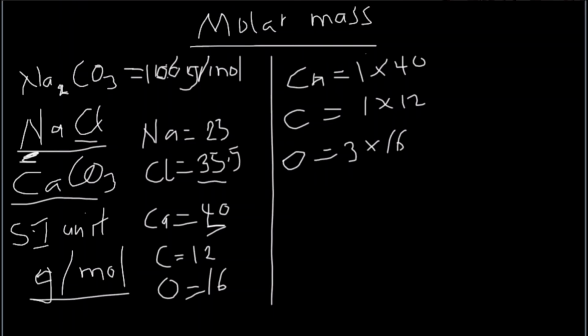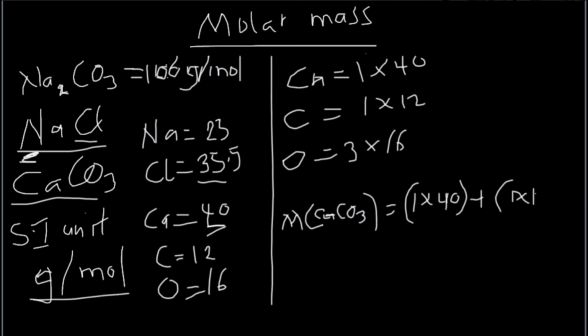Okay, so the relative or molar mass of calcium carbonate is equal to 1 times 40 plus 1 times 12 plus 3 times 16.